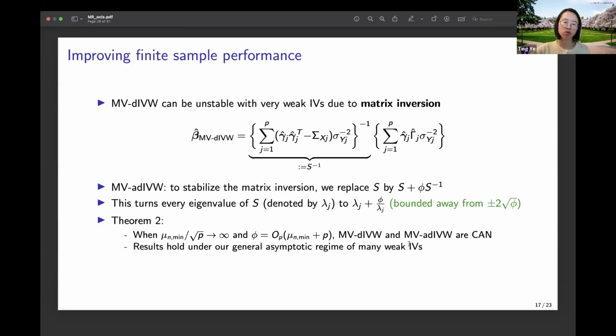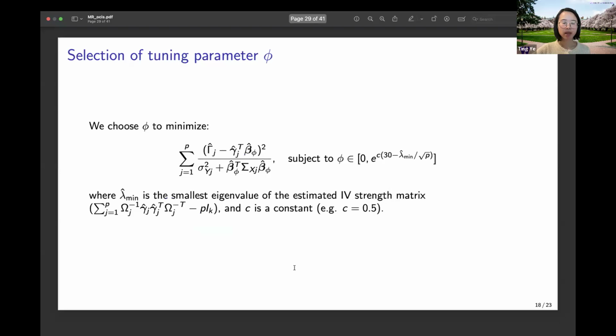They're asymptotically equivalent because phi equals 0 also satisfies this condition, but the adIVW has better finite sample performance. And also notice that this rate condition is much easier to satisfy compared to IVW, because IVW required that this divided by P goes to infinity. So this is much easier to satisfy in MR studies.